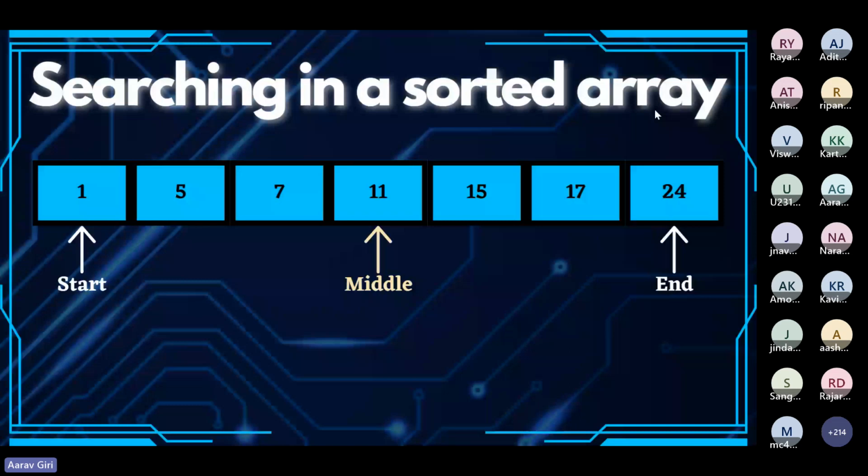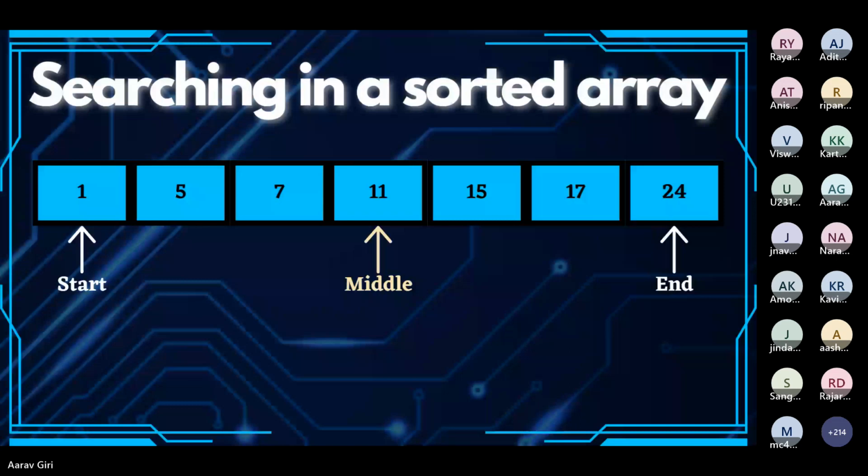And now you know that 15, the element we want, is greater than 11 and it'll be greater than every element left side of 11. So there is no point of searching for 15 anywhere to the left side of 11. So I'm going to discard the left half. All right, let's discard.